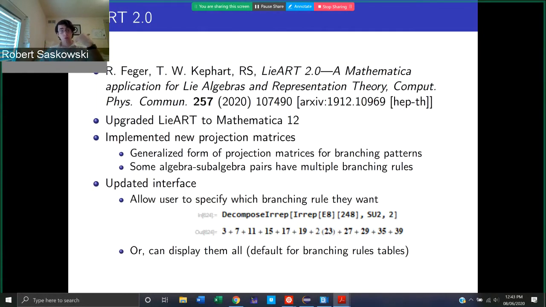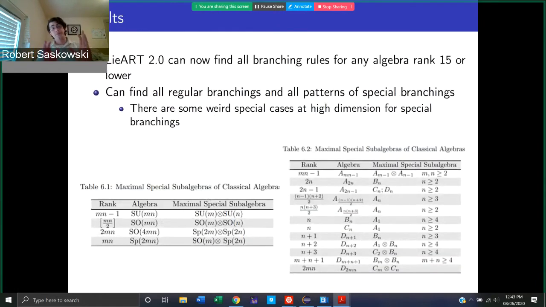However, the branching rules tables, on the other hand, will give you all the tables if you don't specify. However, you can also specify that you only want one of the tables, if that is what you desire.